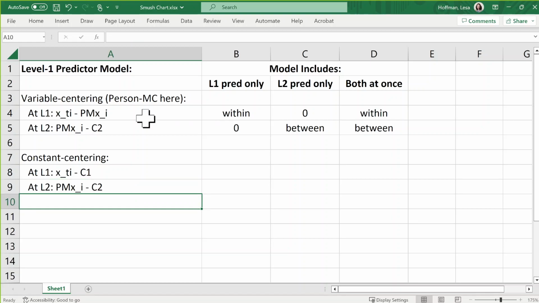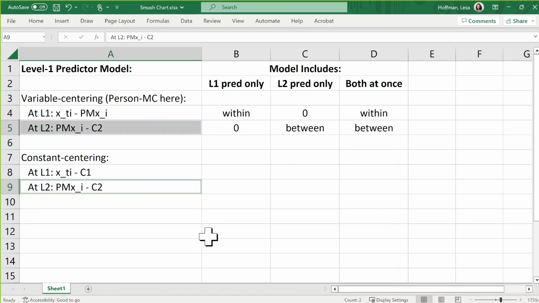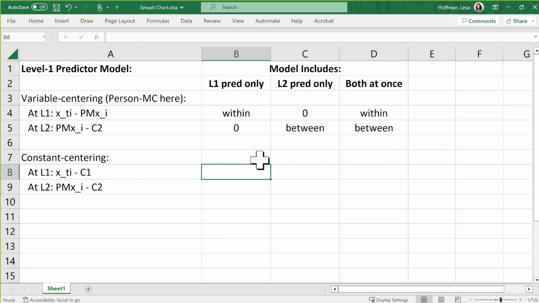Same. So these two here, those are the same. Same variable at level 2. The difference is what happens at level 1. So now, if I put in my level 1 predictor without its level 2 person mean counterpart, what do I get? Within, between, contextual, or smushed?